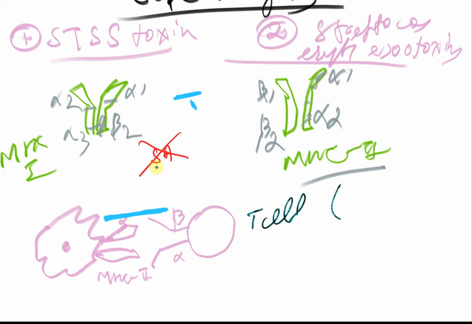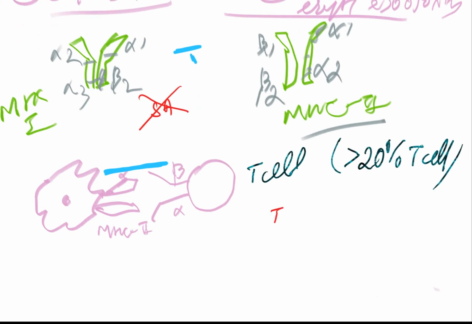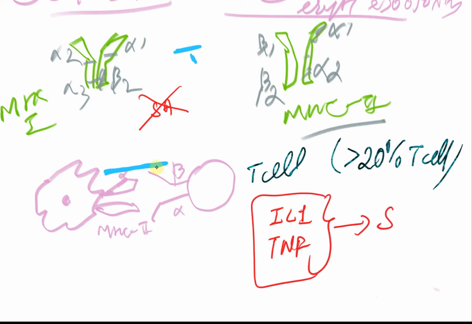It is said that a superantigen causes more than 20% activation of the T cells, and when more T cells are activated, they cause release of cytokines such as interleukin 1 and tumor necrosis factor. So all these cytokines lead to the systemic inflammatory response in the human body.